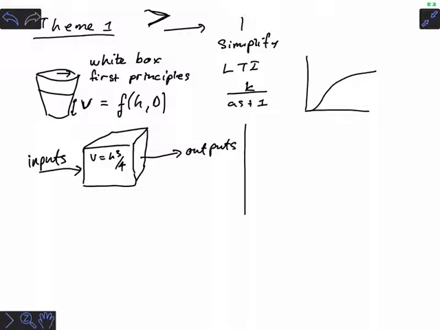I've said, look, I'm going to draw you a curve like this, and I expect you to say, you know what, it's not a first order response, but it looks like a second order response maybe. It's got maybe a time constant around there because I know what the time constant behavior looks like. It looks like it has a gain that you can read off over there. So that resembles a second order system.